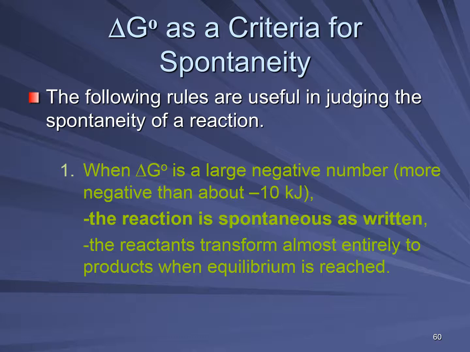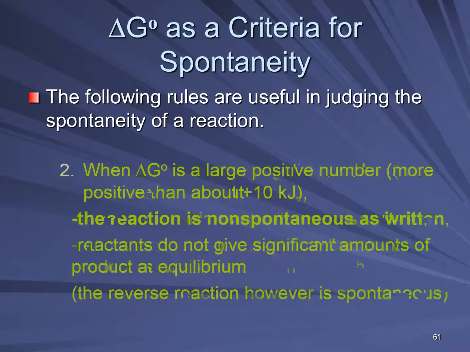In general, the reactants will transform almost entirely to products when equilibrium is reached. And strictly speaking, if delta G is greater than 0, it's non-spontaneous, but generally we say if it's greater than positive 10, it's considered non-spontaneous as written. So reactants do not give significant amounts of product.